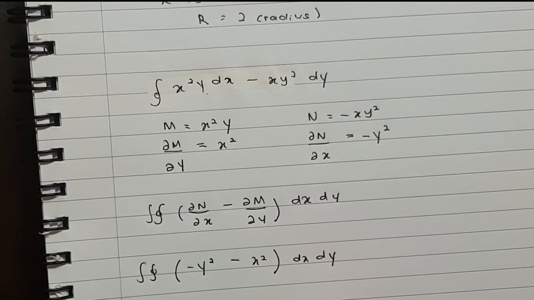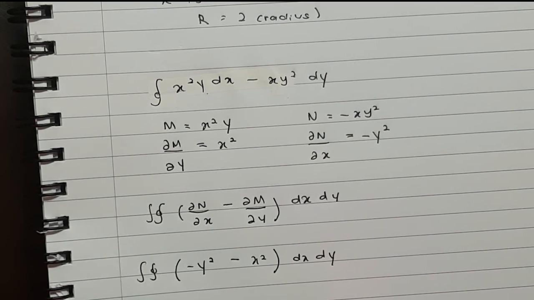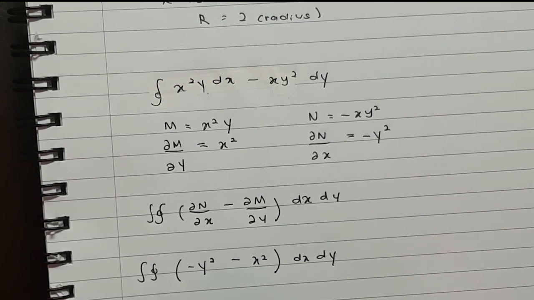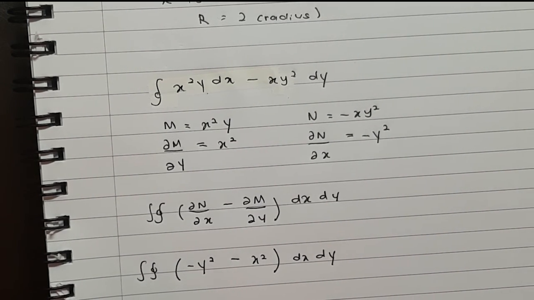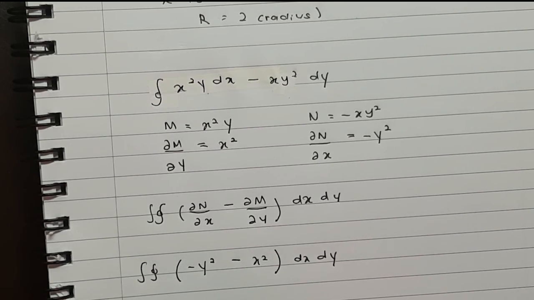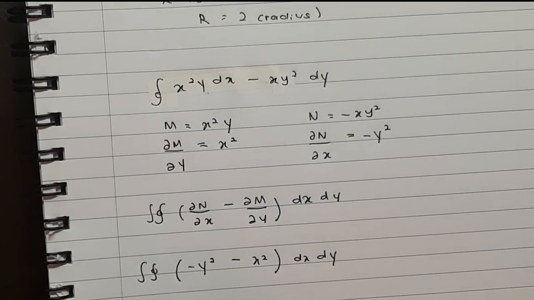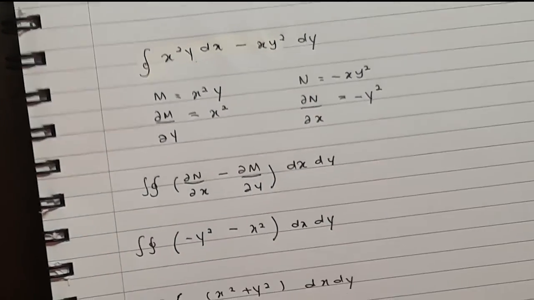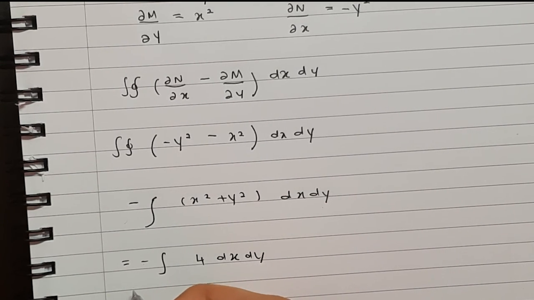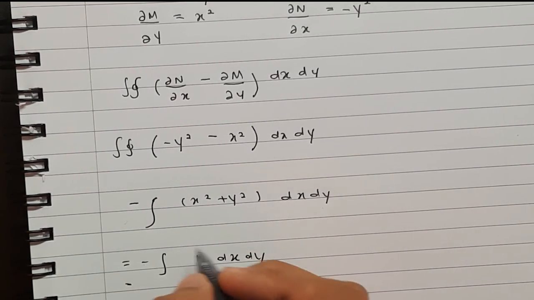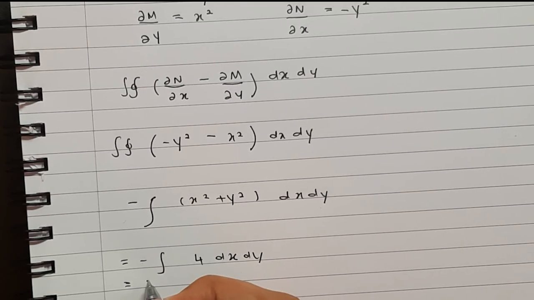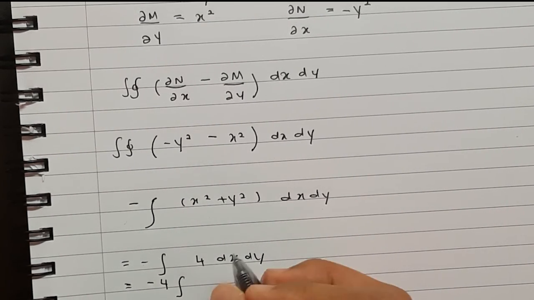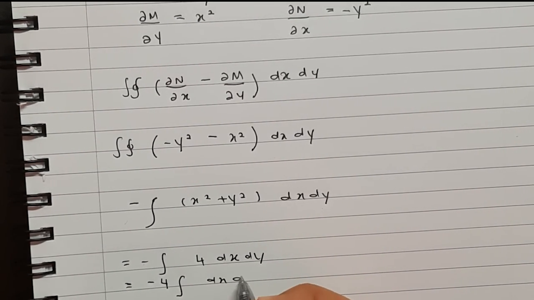Negative outside, integrate x squared plus y squared, dx dy. So negative integral of x squared plus y squared, which is 4, dx dy. We take the 4 to the outside, so negative 4 times the integral of dx dy.